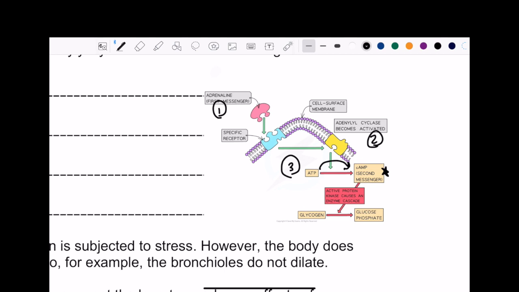That means they want to break down glycogen into glucose. So now, if we're activating protein kinase and that causes an enzyme cascade, that means that it allows for glycogen to be converted into glucose. Do you see how neat the steps are? Just amazing process. And this is basically called the secondary or second messenger model in the liver.